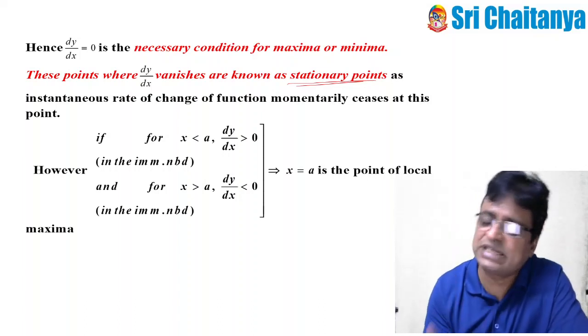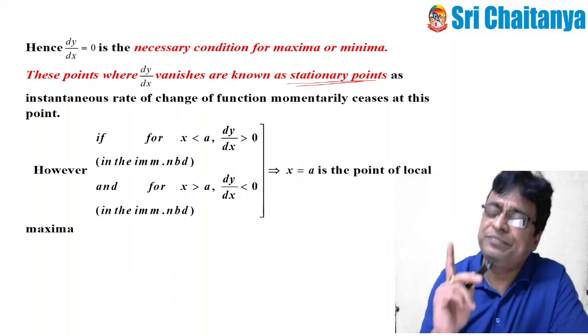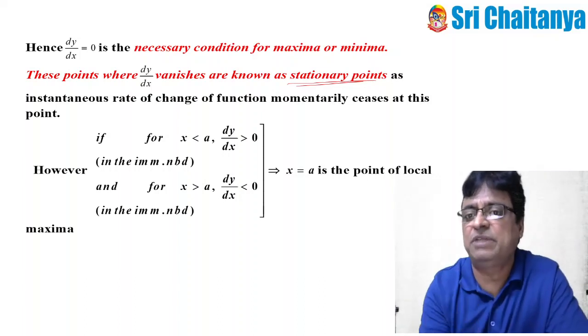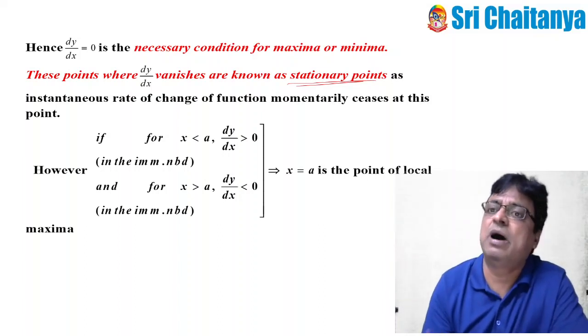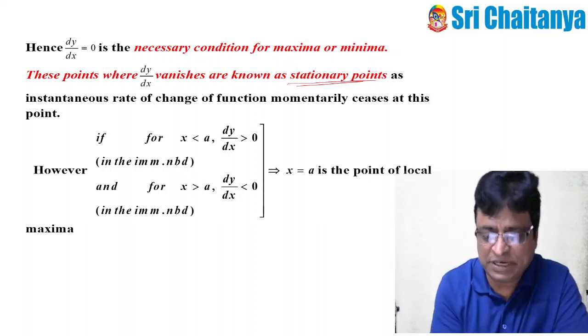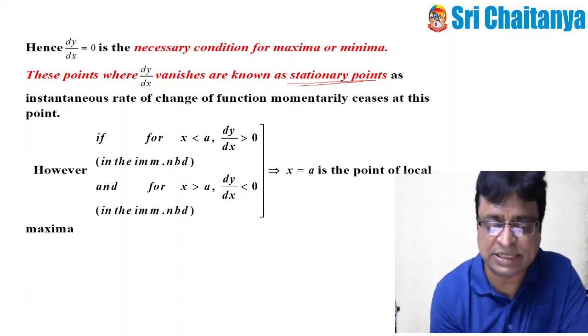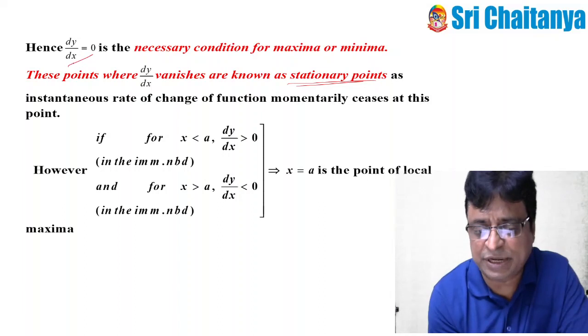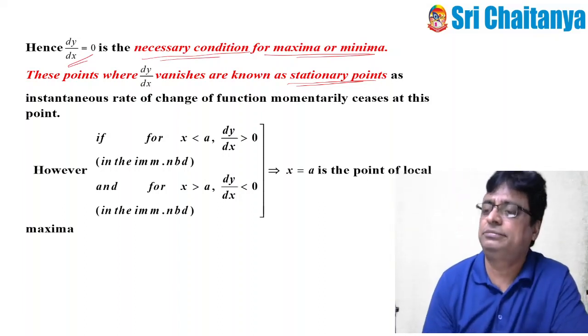So what is the necessary condition at which the function has maxima or minima? Where the derivative of the function becomes 0, simply I can say that the function has a maximum or minimum point. See my friends, this is the same situation that I have explained here. Hence dy by dx equal to 0 is the necessary condition for maxima or minima.